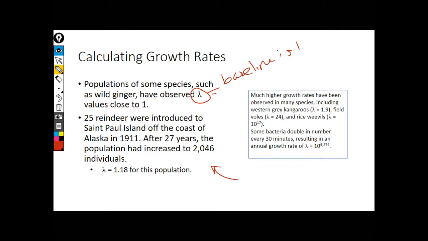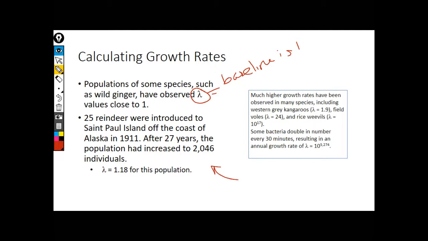Do we know what the difference between extirpation and extinction is? What does extinction mean? They're completely dead, right? Dinosaurs are extinct. We don't have any dinosaurs. Okay, how might that differ from extirpation?